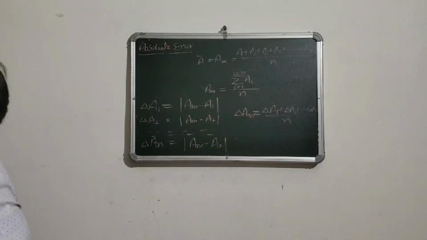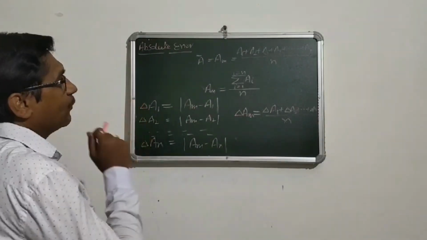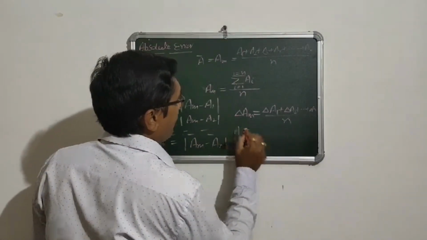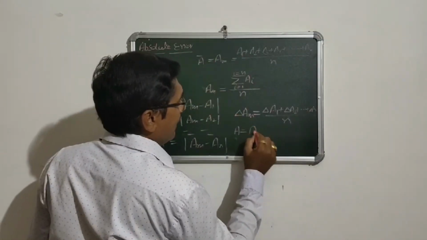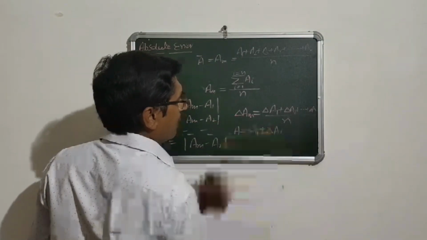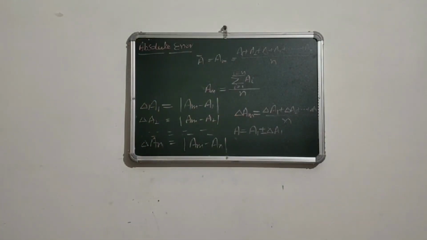Now the next topic is relative error. One more thing here: the exact value of A is equal to A1 plus minus delta A1, similarly A2 plus minus delta A2, A3 plus minus delta A3.